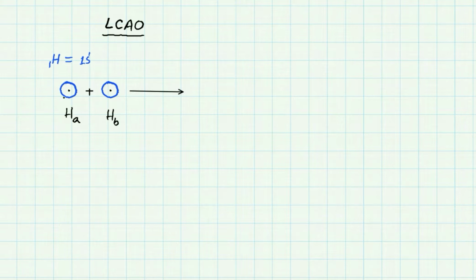Now, this orbital, we know this is electron density, and this electron density is based upon the wave nature of electron. So we'll consider this electron density and the electron in both of these atoms as waves. So as we have seen that waves could combine in two ways, similarly these atomic orbitals will be combining in two ways.